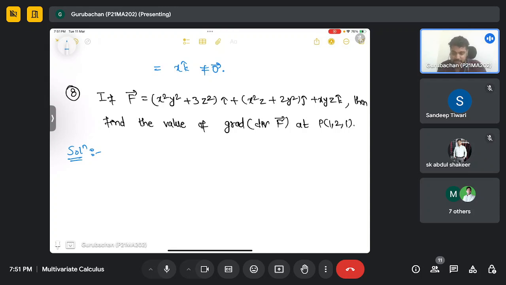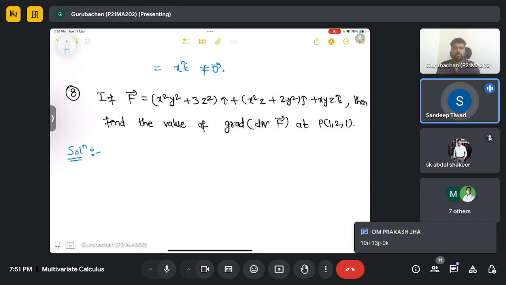See, it's an easy question. You should know, and you should not make calculation mistakes in this kind of question. Correct. 10, 13, 0.